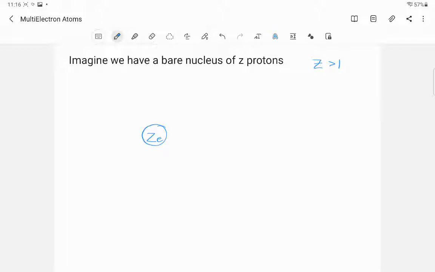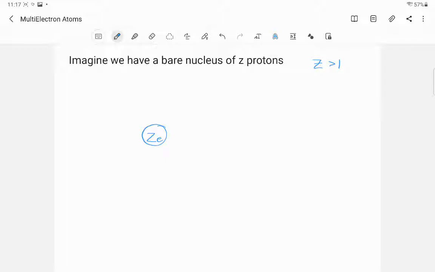The problem is when you have multi-electron atoms, the math problem of Schrodinger's equation quickly becomes intractable. You can imagine that even with just a 2-electron atom, you've got 2 interaction energies for each electron separately interacting with the nucleus, but then a third interaction energy between the 2 electrons, right?